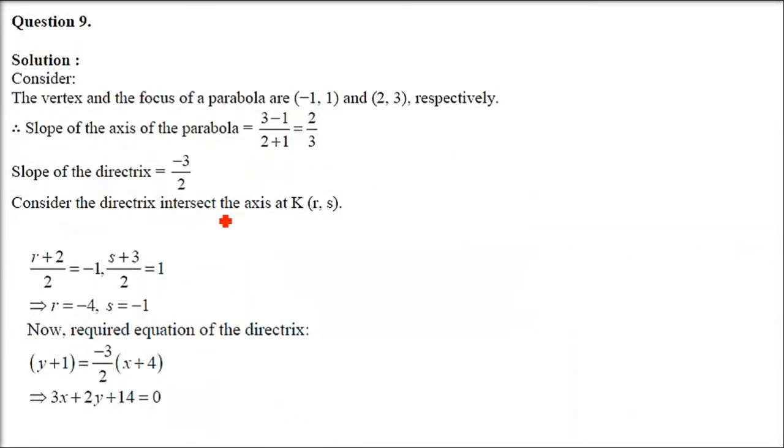Question number 9. If the coordinates of the vertex and focus of a parabola are -1, 1 and 2, 3 respectively, then write the equation of the directrix. So the vertex and the focus are given. We know that whatever the distance between the focus and vertex is, the same distance will be between the vertex and the directrix.